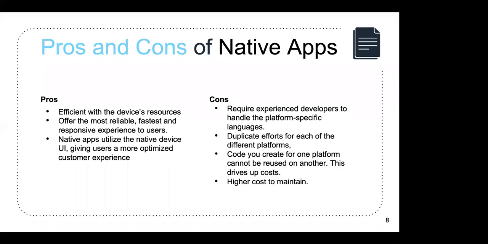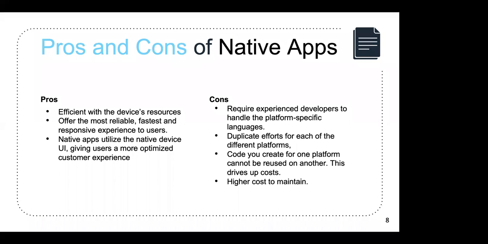Once you buy a new mobile device, you all know there are a few pre-installed applications like messages, phone, and photo gallery. Likewise, there are a few pre-installed applications there. That means these applications are written natively.